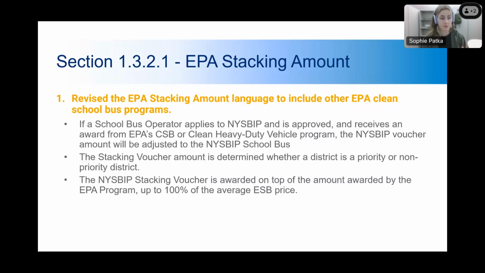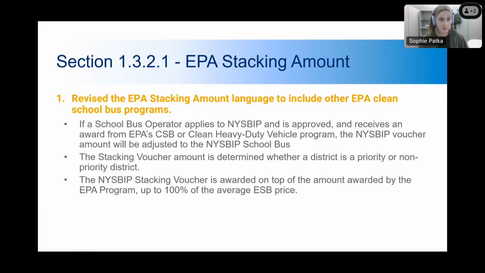The stacking voucher is determined on whether a district is a priority or non-priority, first of all, and then next of all, it's awarded on top of the amount that is already awarded by the EPA program, up to 100% of the average electric school bus price.